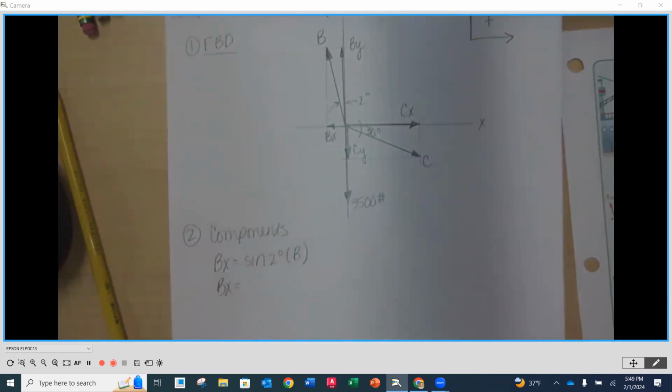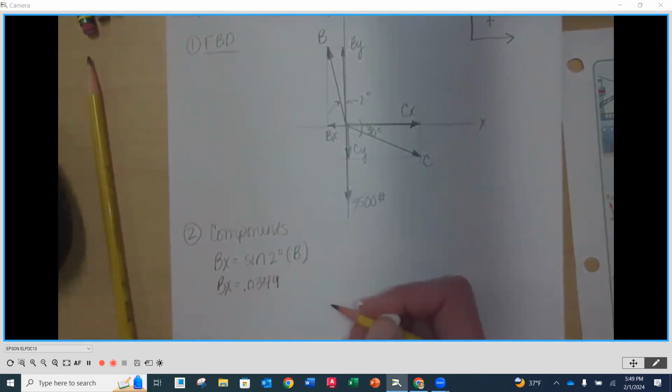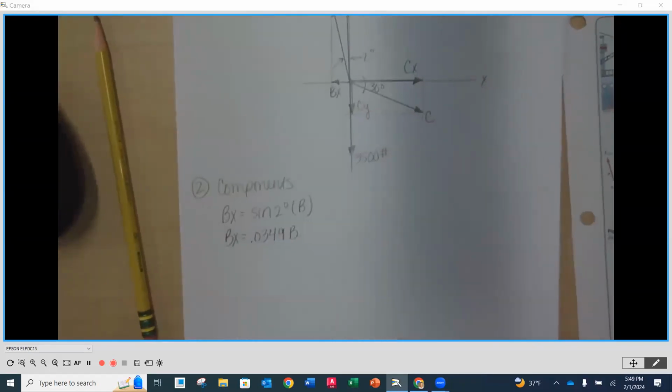So 2 sine. And what you want to do here is hold at least 4 decimal places. So I'm getting 0.0349, and then it's going to be times B. So we're going to put this component in terms of its hypotenuse or in terms of its force. So that's going to be that.